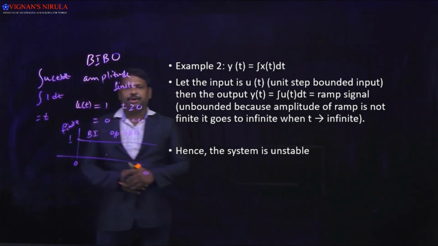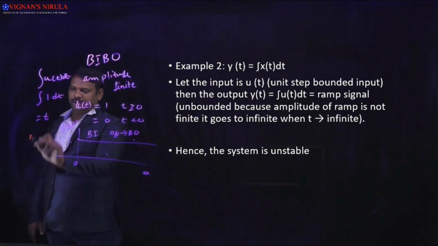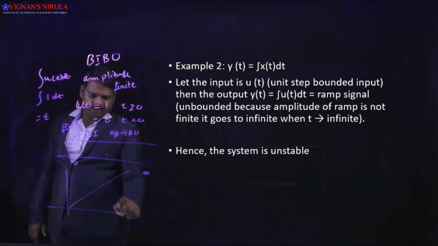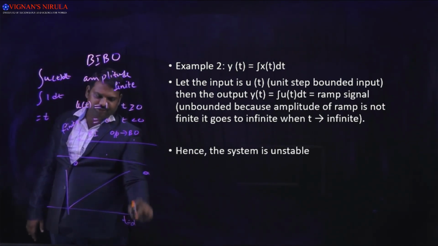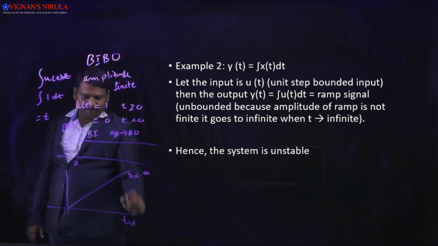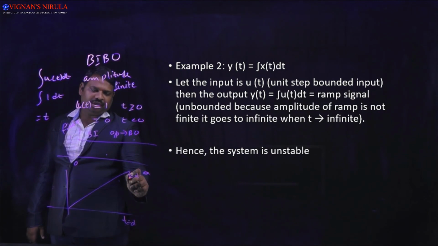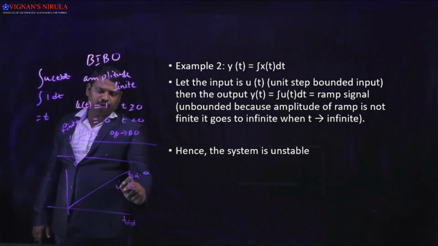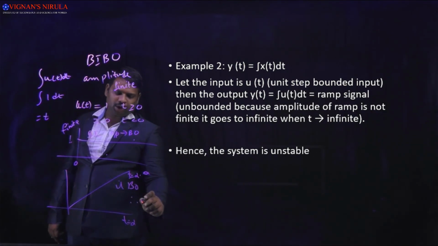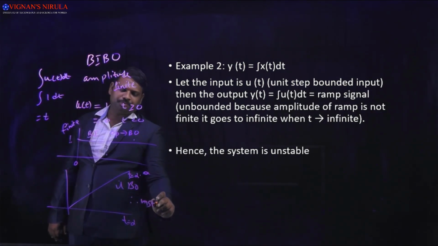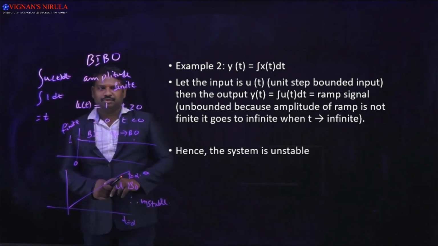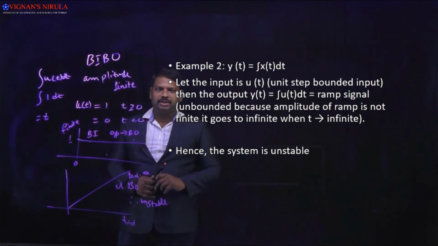That t is continuously increasing. t is nothing but a ramp signal, it continuously increases. At t is equal to infinity, its value is infinity. Here it is finite, but at t is equal to infinity, it is infinite. That is nothing but an unbounded signal. Therefore, the system is said to be called an unstable system. This is the classification of the stable and the unstable systems.